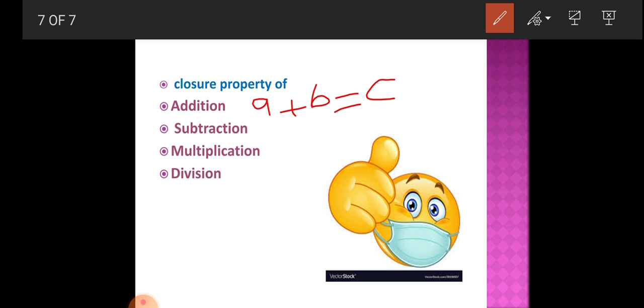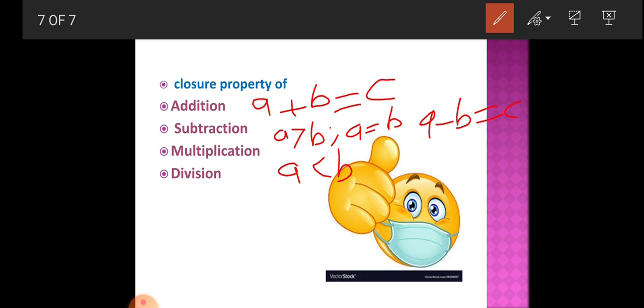In subtraction, if A and B are whole numbers and A is greater than B or A equal to B, then A minus B equal to C. But if A is less than B, then A minus B is not a whole number.